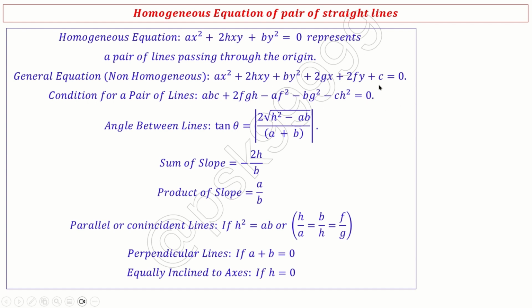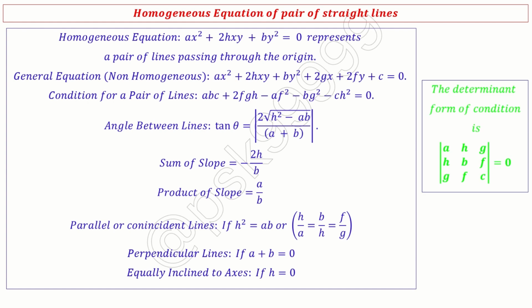Okay. If the equation is given and it is not told that it is a pair of straight lines or something else, you have to always check the condition if it is a pair of straight lines or not. Then you can apply all this formula. Okay. So how can that be done? This is the determinant form of the condition: determinant of a, h, g.